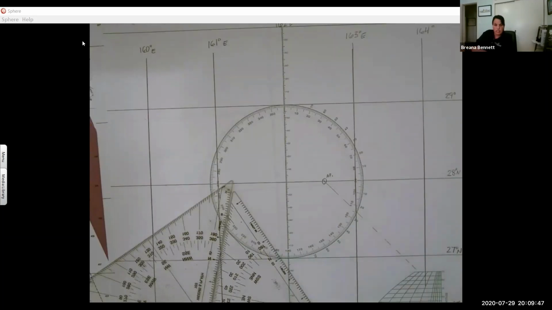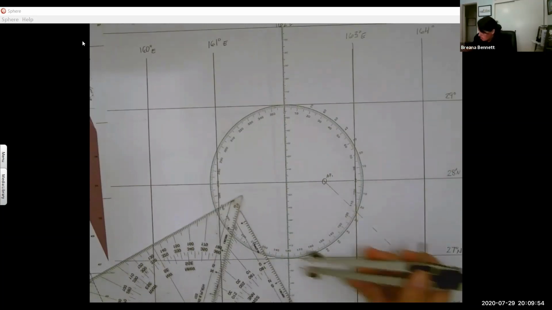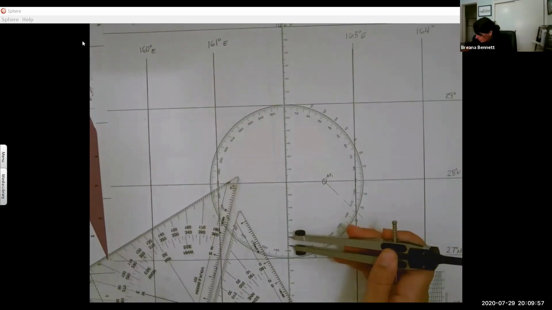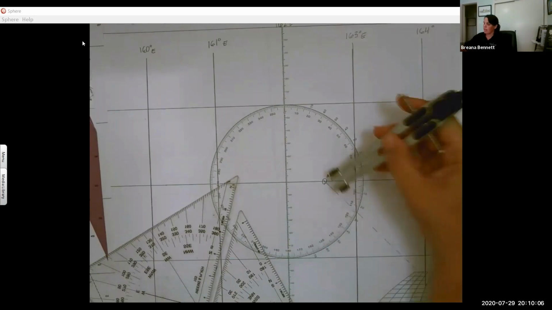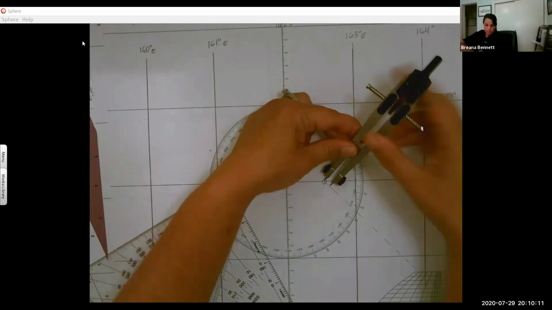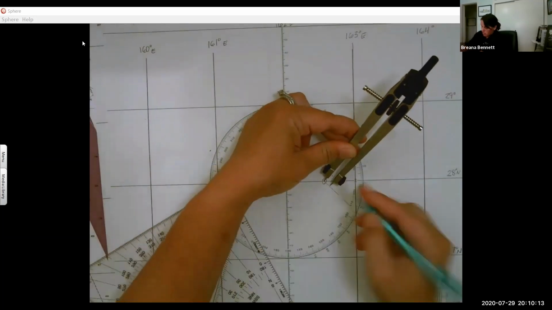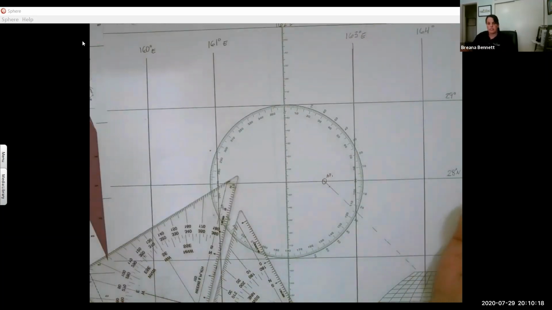Now my intercept was 6 miles towards. So I'm going to find 6 miles and go towards 135. So from my AP, I'm going to go towards 135. Six nautical miles.